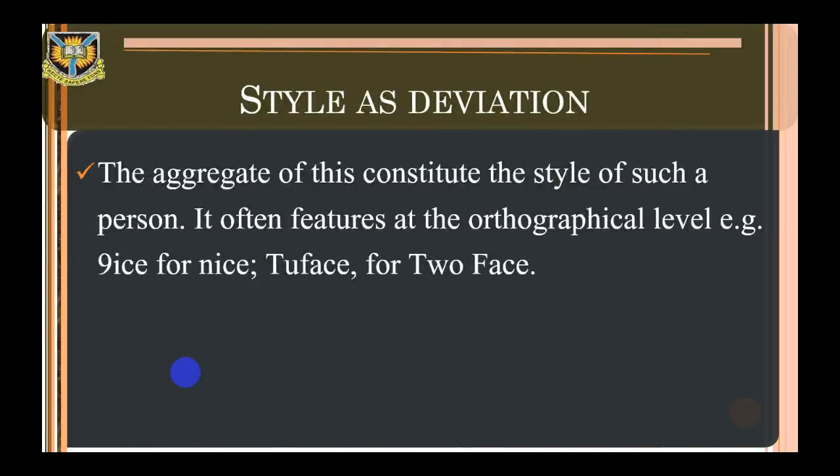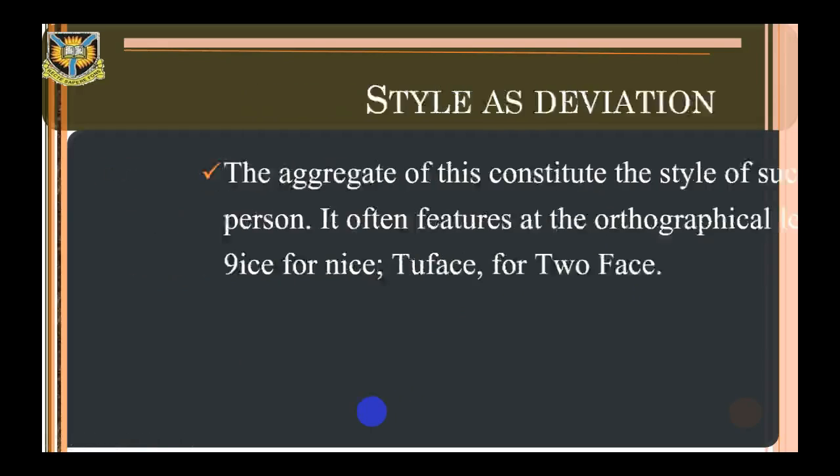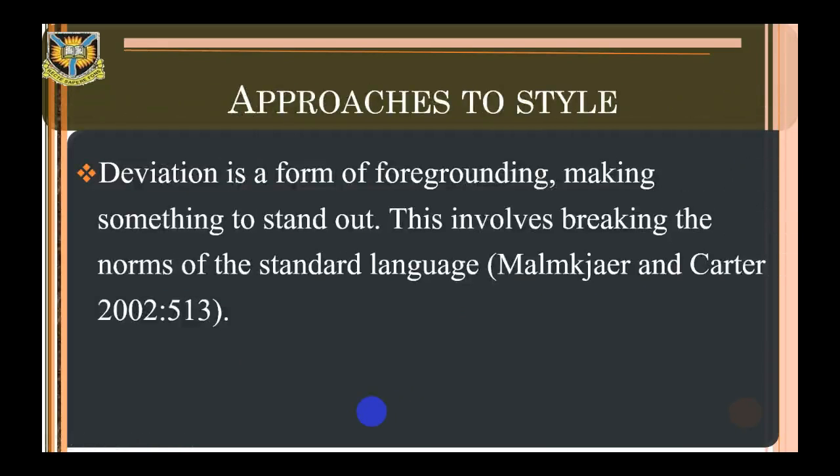It often features at the orthographical level, e.g., nice for nice, two-face for two-face. Deviation is a form of foregrounding, making something stand out. It involves breaking the norms of the standard language. Mcarthy and Carter, 2002.